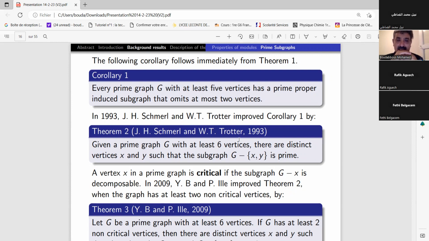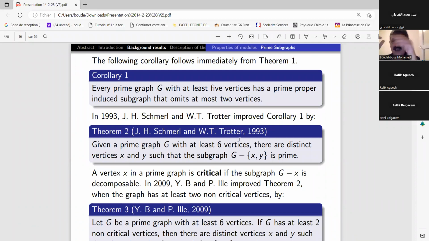And this last result, theorem 2, was improved by Pierre Hill and myself in the case of graphs having at least 2 non-critical vertices. A vertex is critical in a prime graph if the deletion of this vertex gives a decomposable graph.